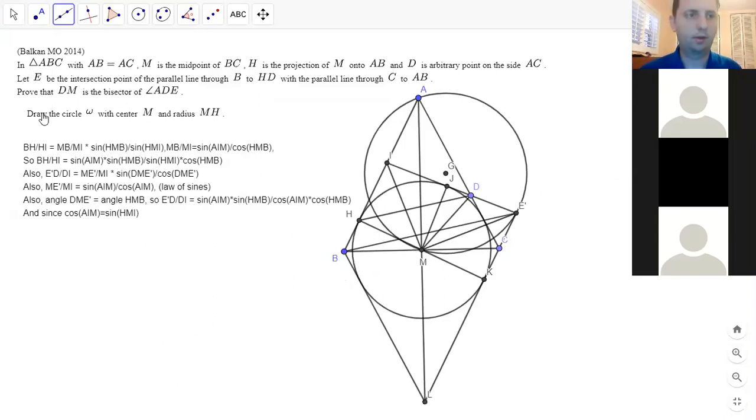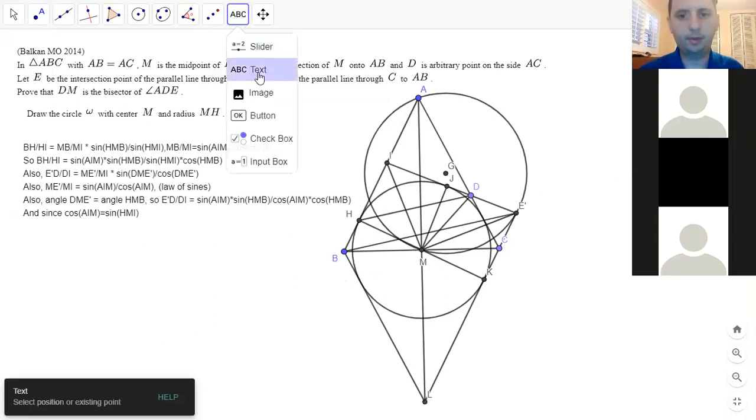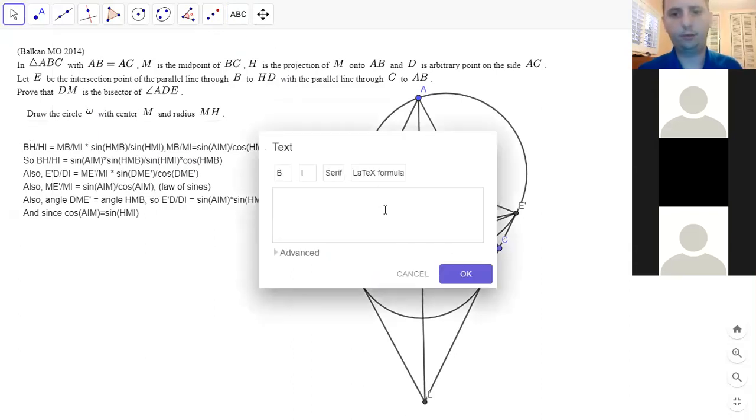So let E prime be the intersection. Then draw the tangent from B to omega. Let it intersect the parallel through C to AB at E prime.